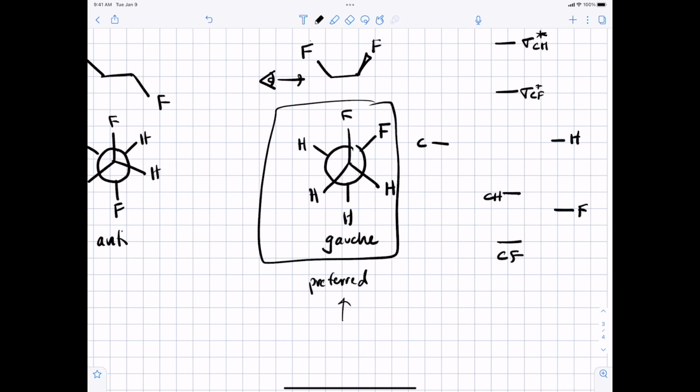But the basic idea is you want the CH bonds, which are higher in energy than CF bonds, to overlap with the CF sigma stars, that creates a better hyperconjugation interaction. That was fast. We'll go through it a little bit more slowly next time so you can get it. But that's a famous effect that you will see in various places.